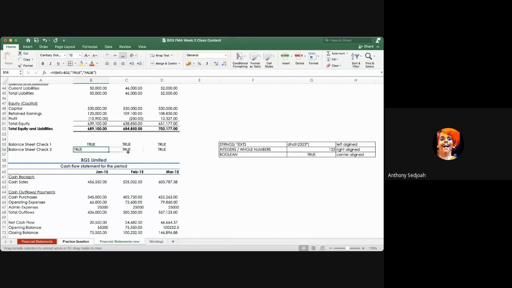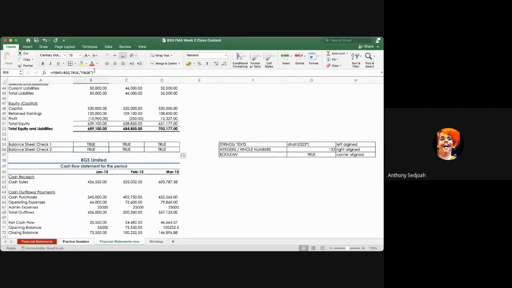That's why it aligned to the left. You can see from the example over here that strings are aligned to the left. But what I did to have Excel align it automatically was to remove the double quotation marks. And that's how come it was aligned to the center.